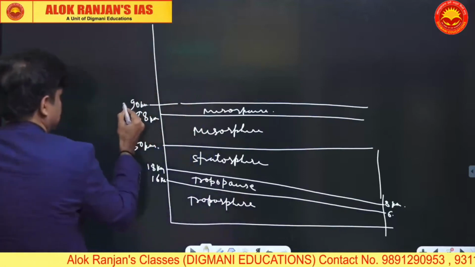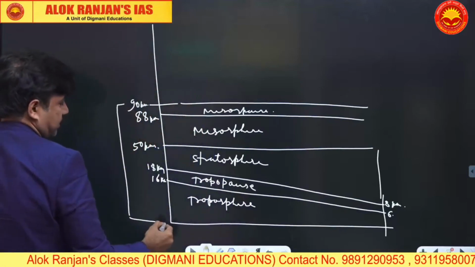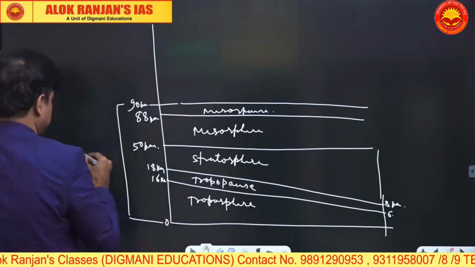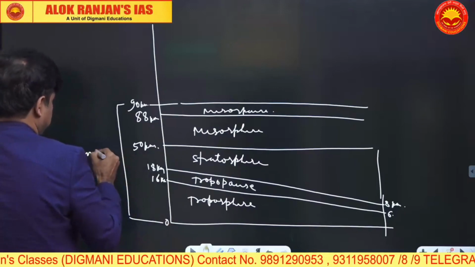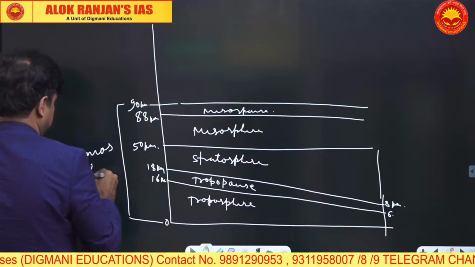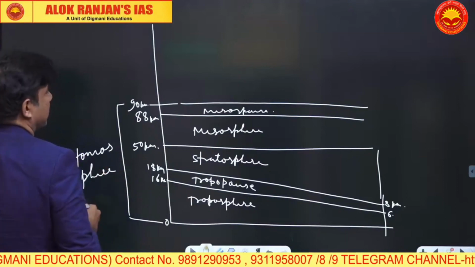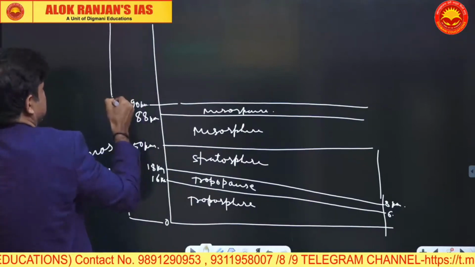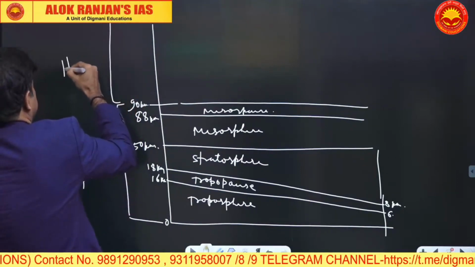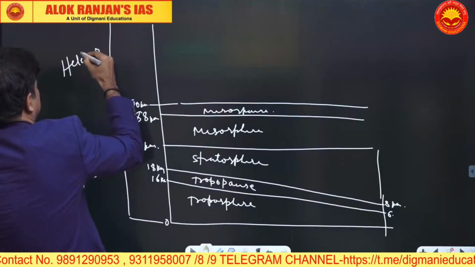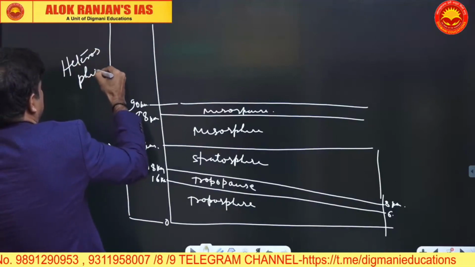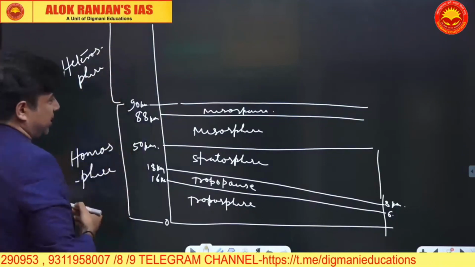Then this 0 to 90 will be called homosphere. And then this is called heterosphere. This is called heterosphere.